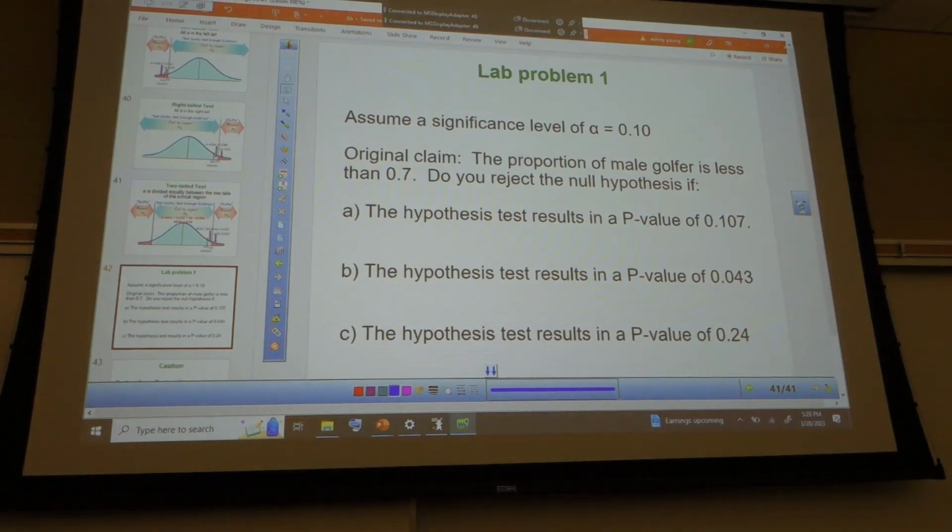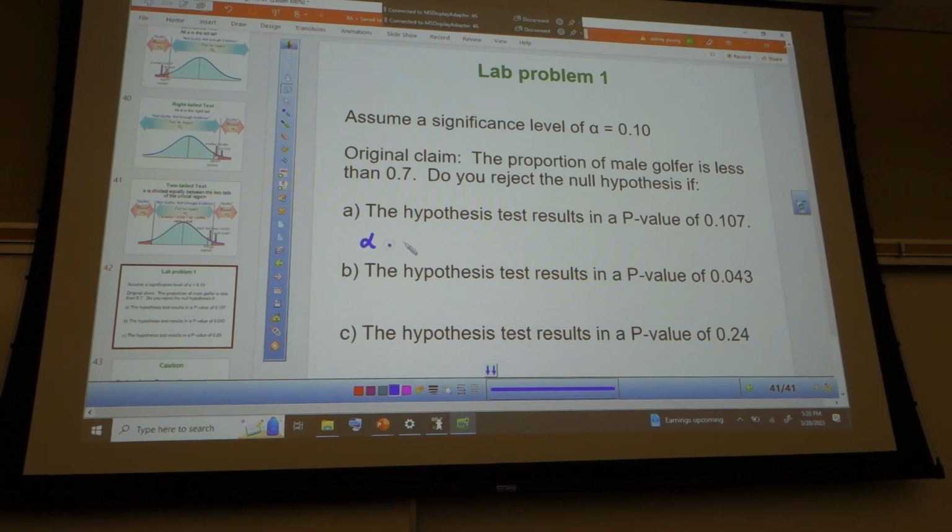Okay, so I want to make sure everybody's on the same page. So first of all, you do not need to multiply it by anything, right? You've used the calculator. It's already found the p-values for you. These are them. So the very first one is 0.107. Is it alpha or less? Is it 0.10 or less? If you're having trouble telling, this is how you can tell.